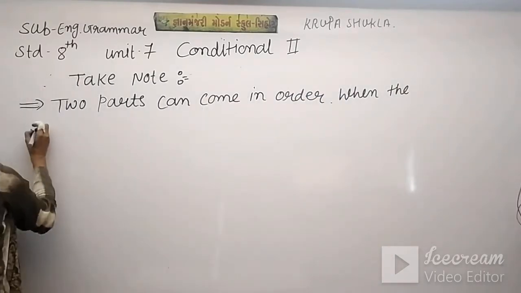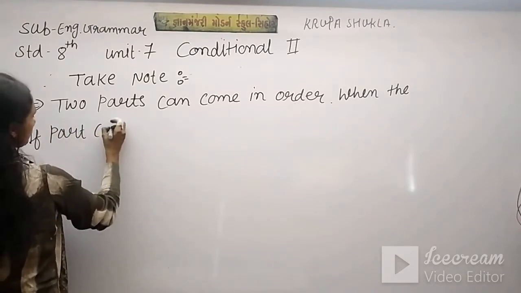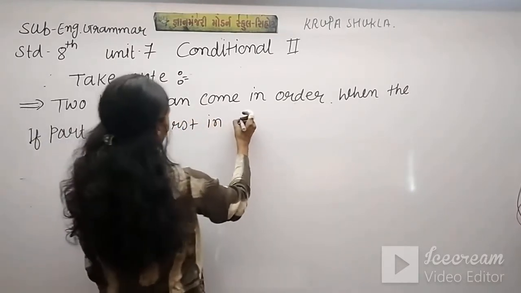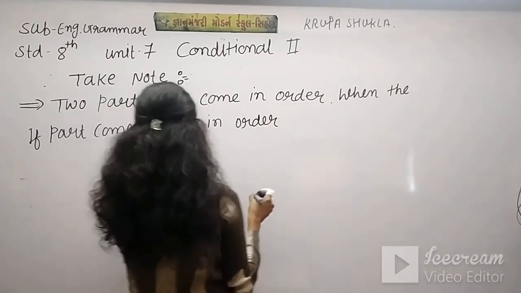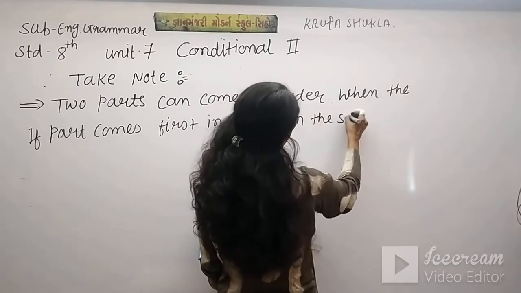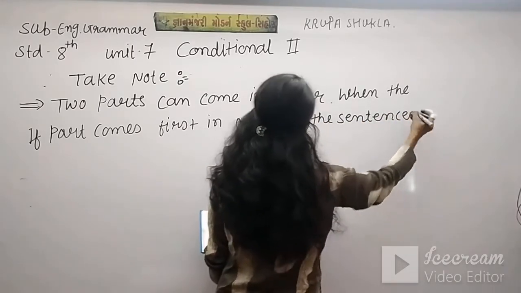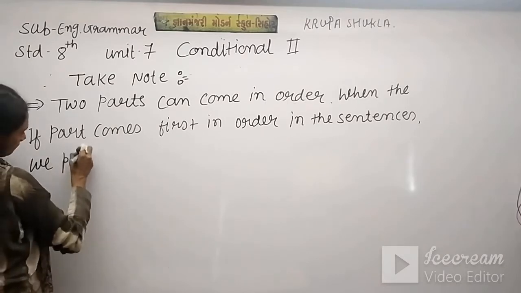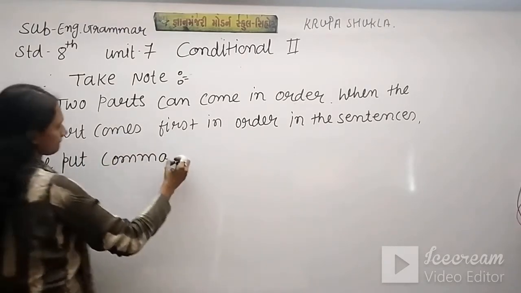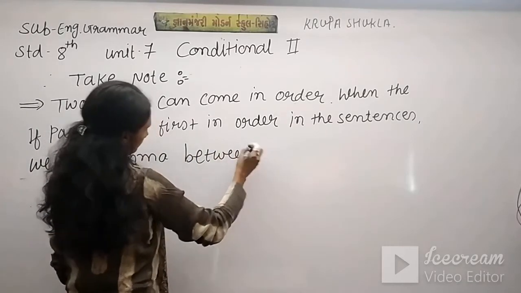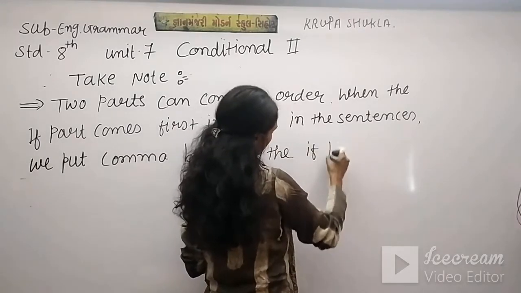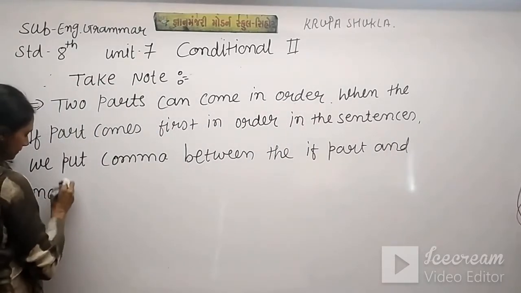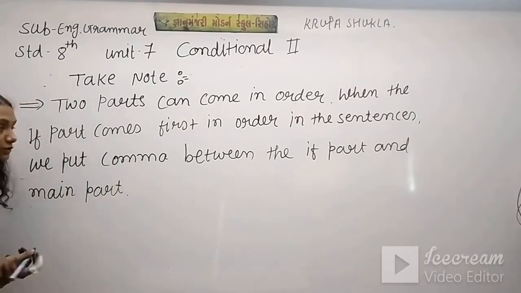When the if part comes first in order in the sentence, we put a comma between the if part and main part. So this is the rule, students.